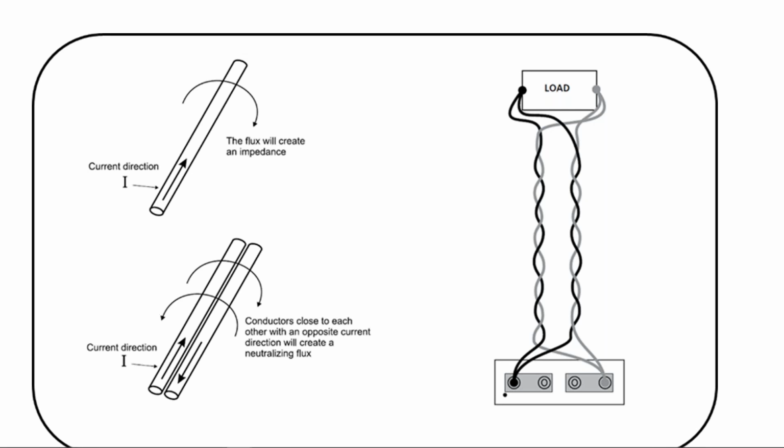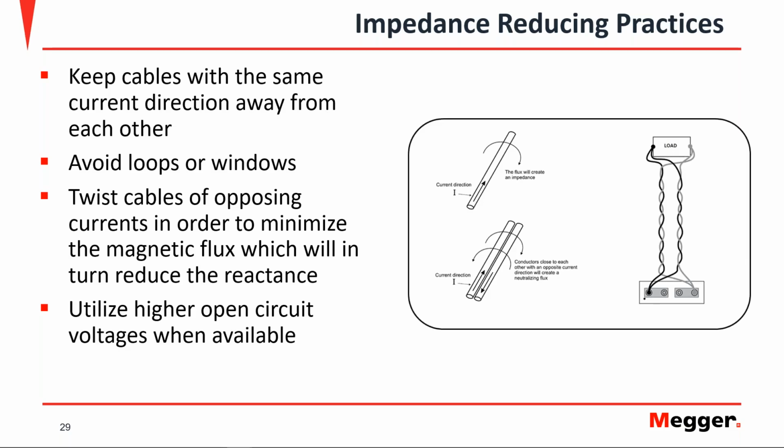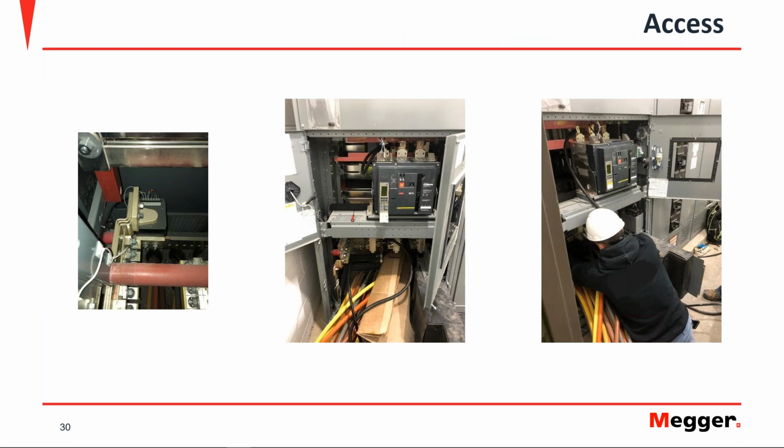So that's how we reduce the impedance, neutralizing the flux that those currents are creating around the cable. That's why we need cables from opposite sides of my current box. So those are some tips and recommendations to minimize the impedance and achieve your test current in case you're having trouble achieving it.